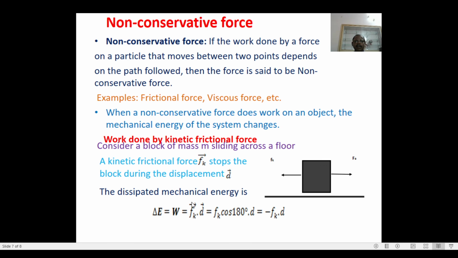That is vector Fk dot vector d, which is equal to the horizontal component of Fk, Fk cos 180 degree. Why? Because theta is 180 degree. This is the direction of application of the force, and this is the direction of kinetic friction force. The total angle is 180 degree, which is equal to minus Fk d. This appears as a dissipation of the energy.